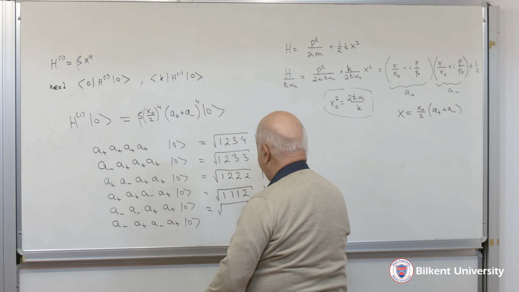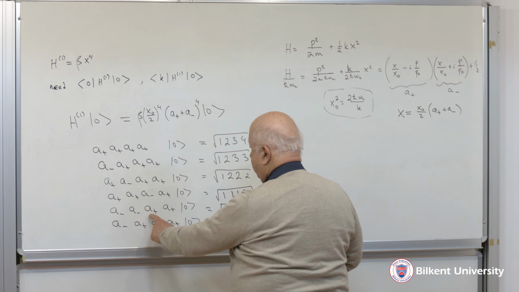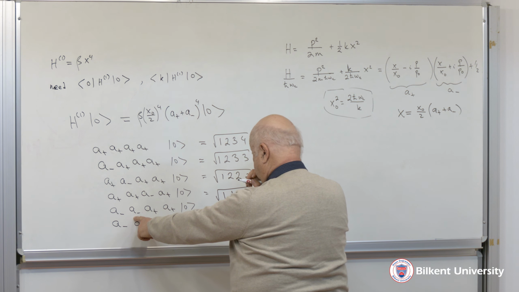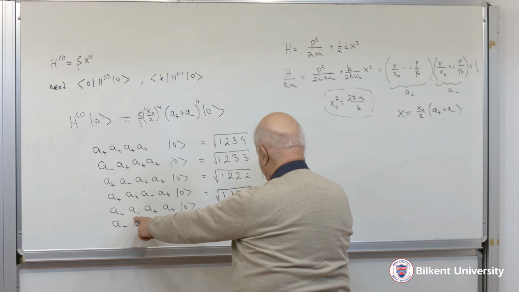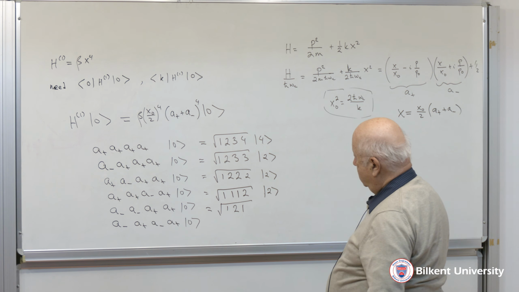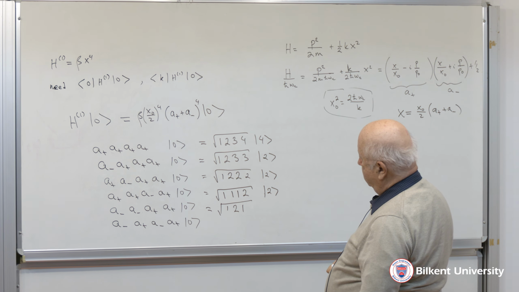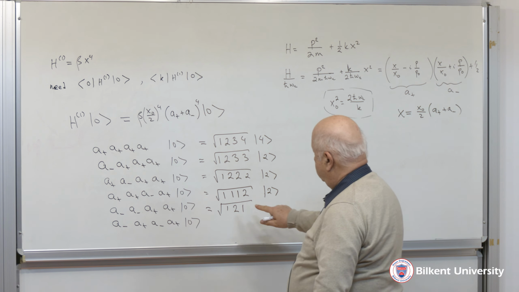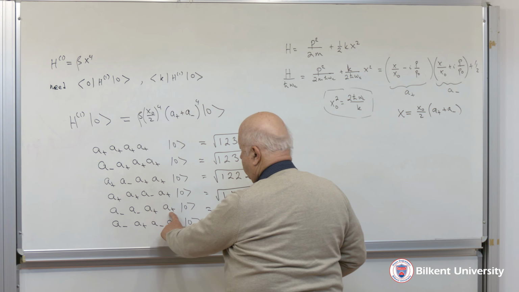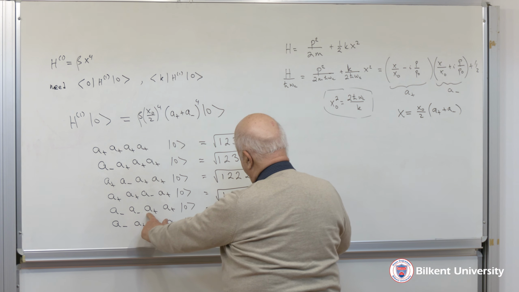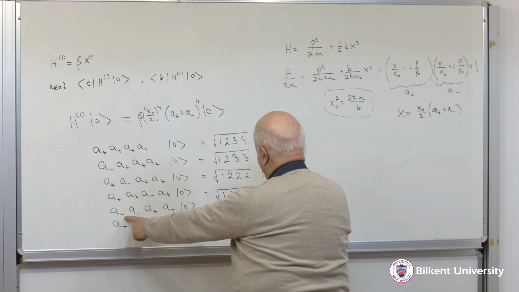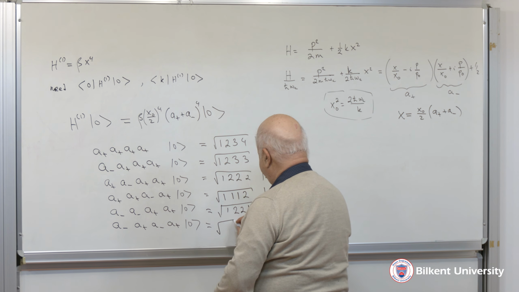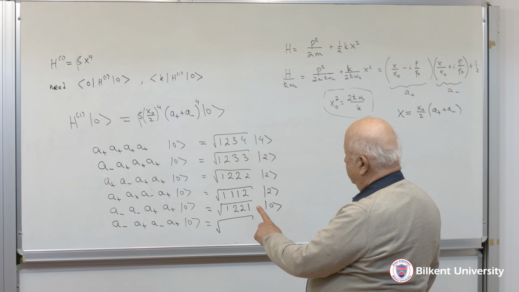So this is going to give me 1, 2, 1, and 1. 1, up to 2, down from 2, and 1, right? So this is 0. And finally, this is 1, 1, 1, 1.